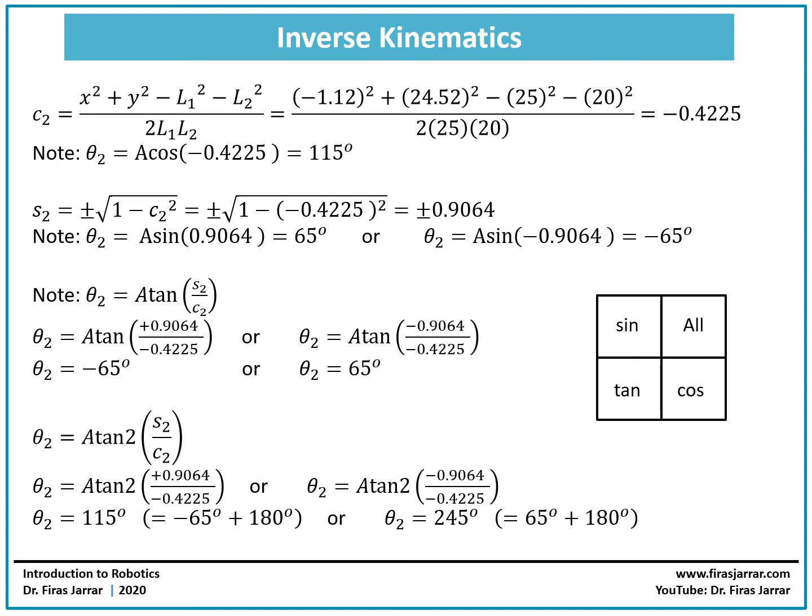So you can see that in the third quadrant, both sine and cosine are satisfied. However, 65 is in the first quadrant, so I need to add 180 to it, and this brings me to 245. So you can see that the correct answers are 245 and 115.